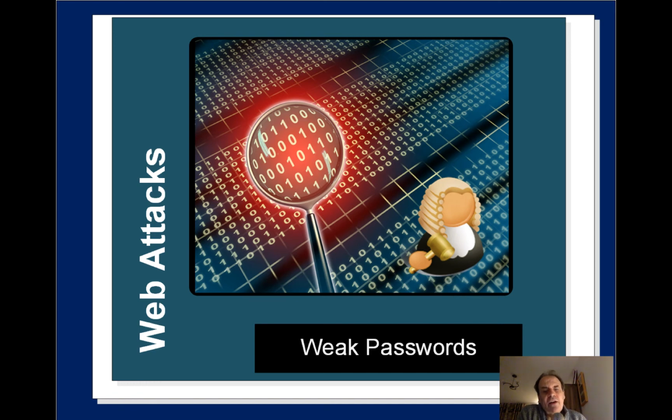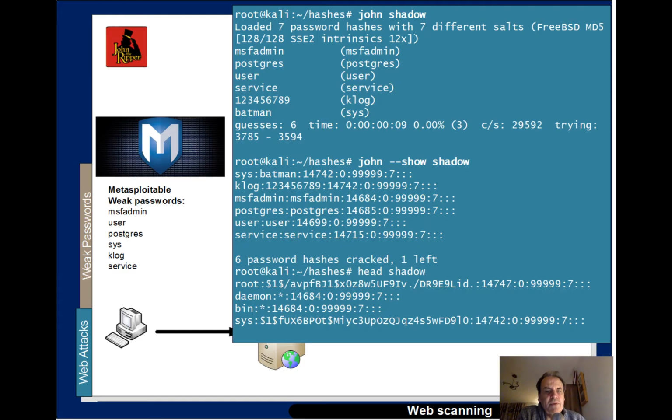Weak passwords are an obvious area of vulnerability. So what we've got to watch is that we don't allow any login to any user accounts just because they have weak passwords. Okay, so the Metasploitable instance has a number of weak passwords. These are defined in the shadow file. So here is an example of the shadow file. We can see here we have a $1, which is a salted MD5 value.